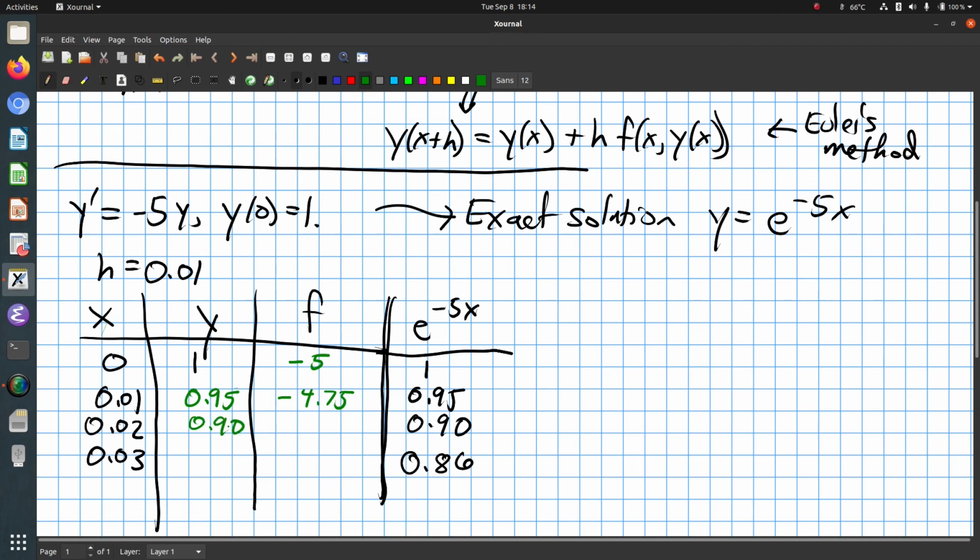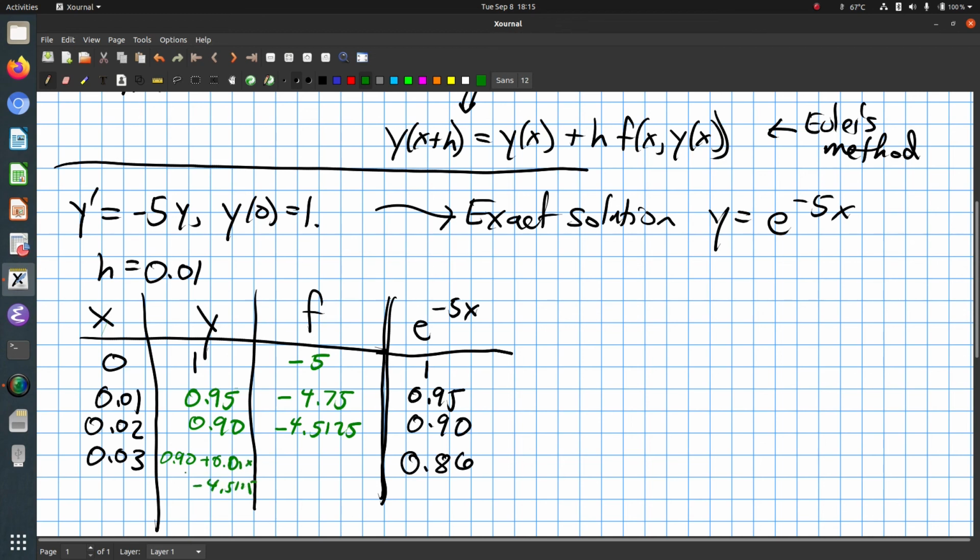All right, well, great. Let's multiply 0.90 by negative 5 to fill in the F column. That's minus 4.5 and change. So what goes in that corresponding y then is 0.90 plus 0.01 times minus 4.5125.